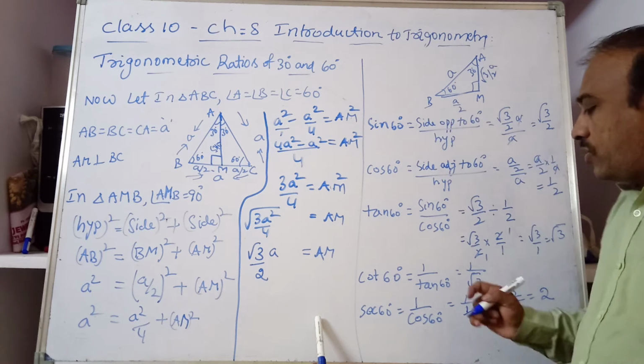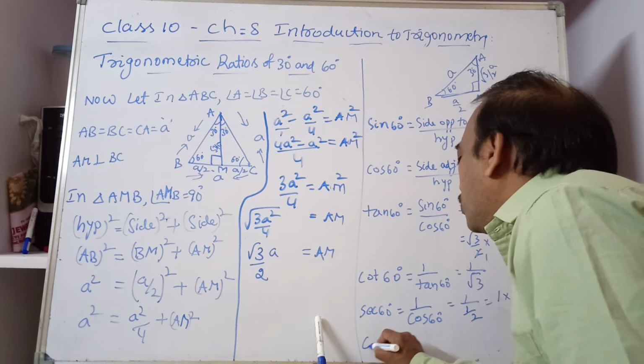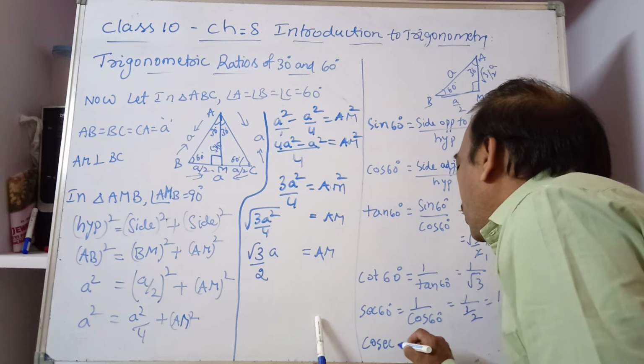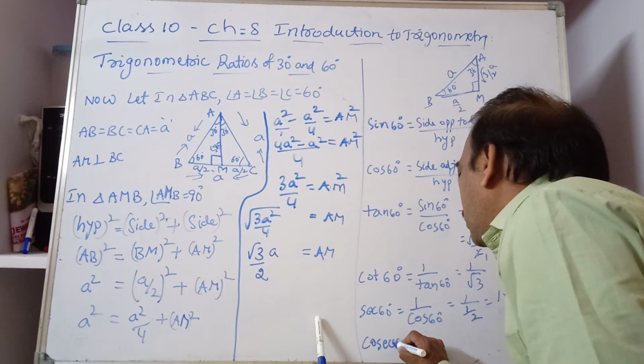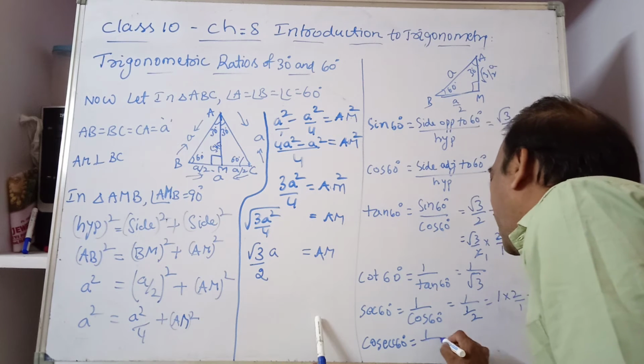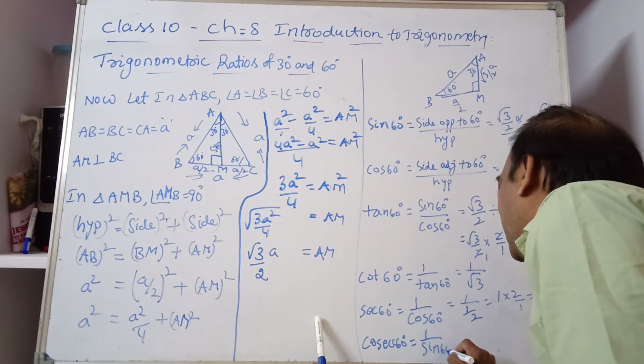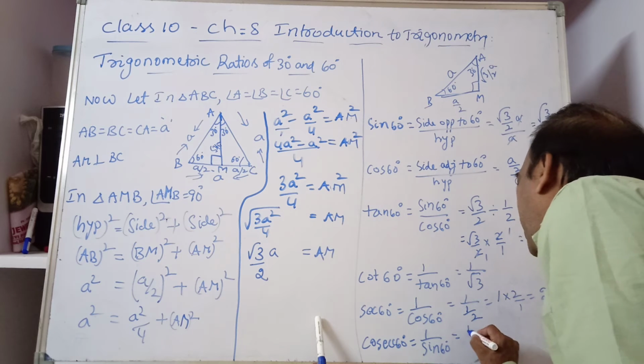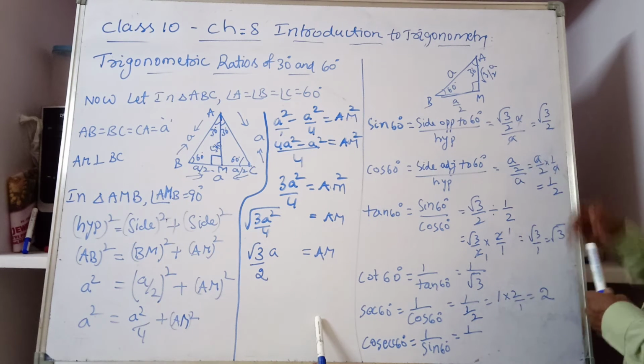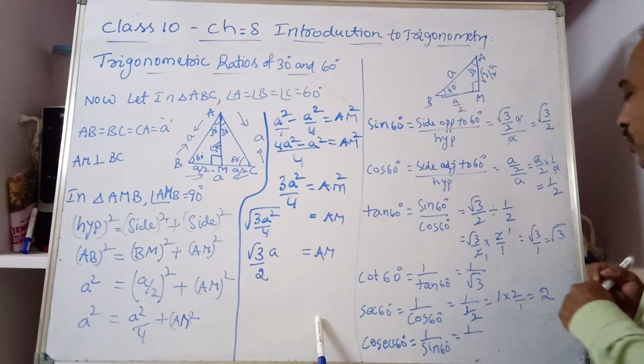Now finally cosecant 60 degrees is equal to 1 by sine 60 degrees. What is the sine 60 degrees value we got? Root 3 by 2.